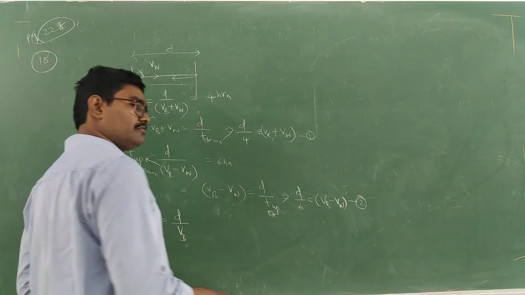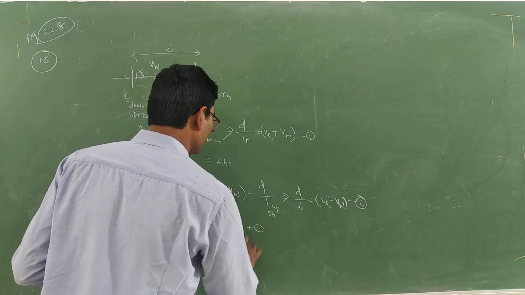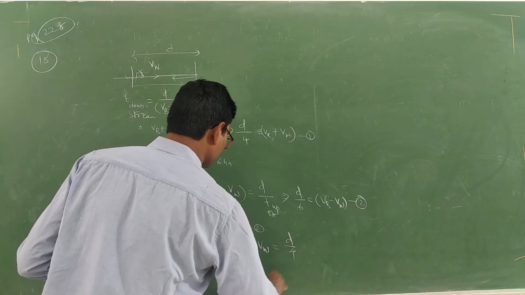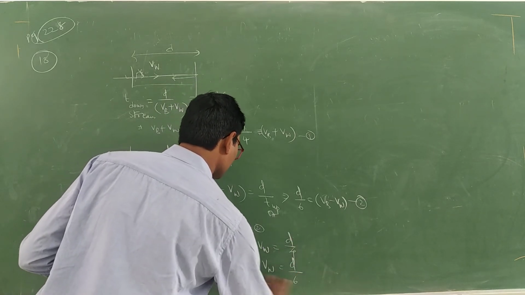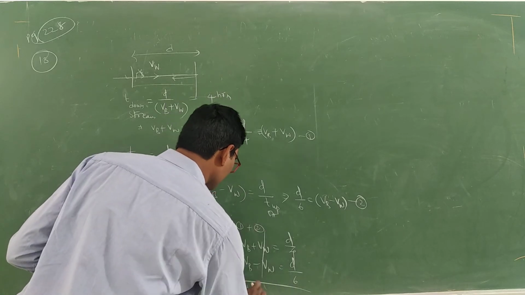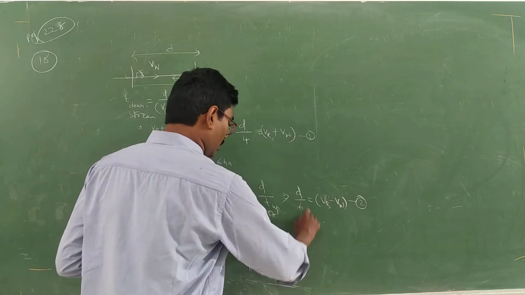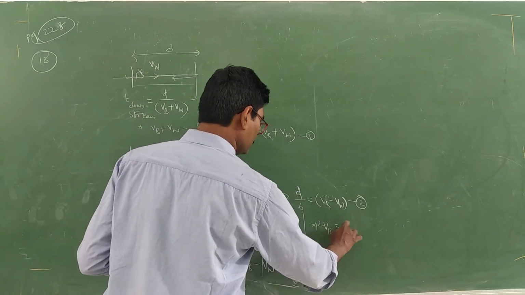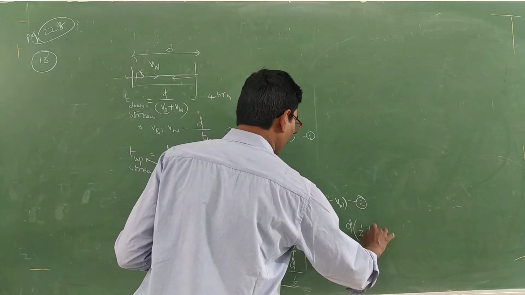Eliminate and find out VB. Add 1 plus 2. VB plus VW is equal to D by 4. VB minus VW is equal to D by 6. 2VB equals, after this VW will cancel. 2VB is equal to D times (1 by 4 plus 1 by 6).